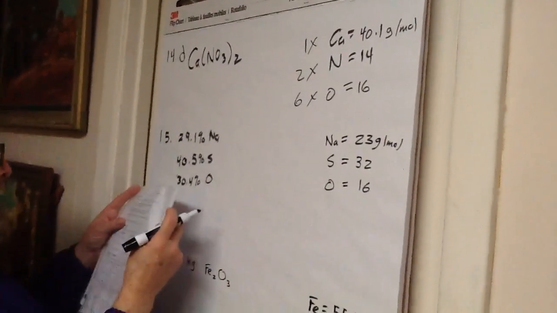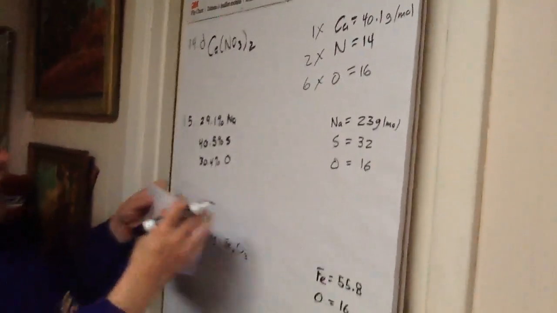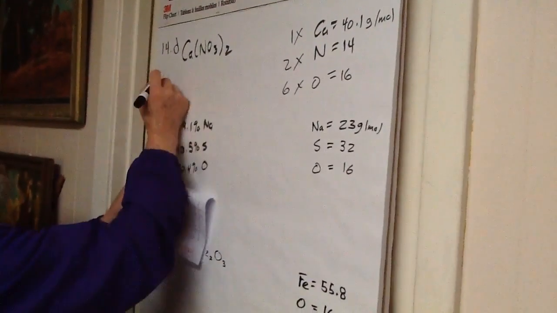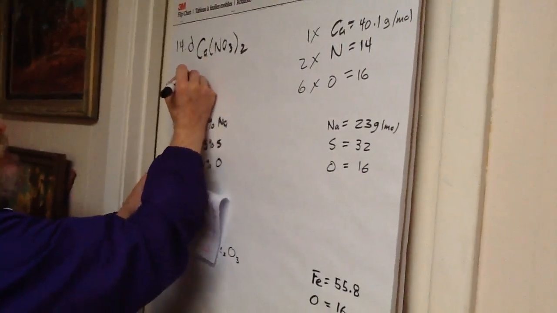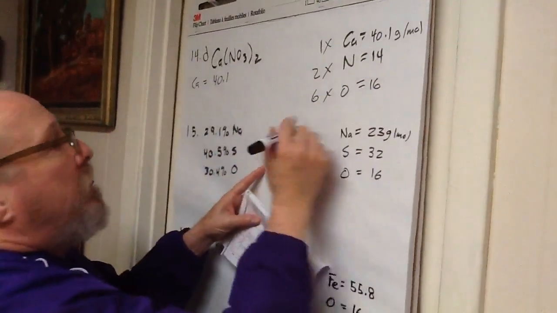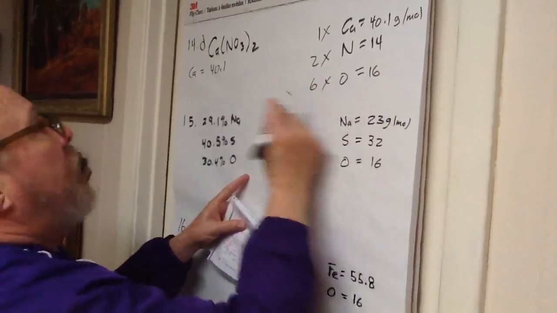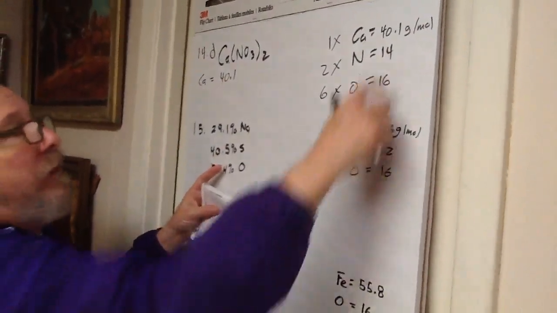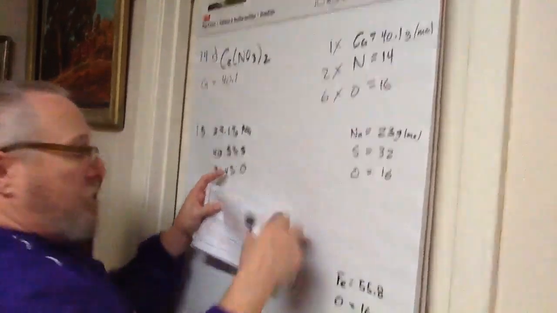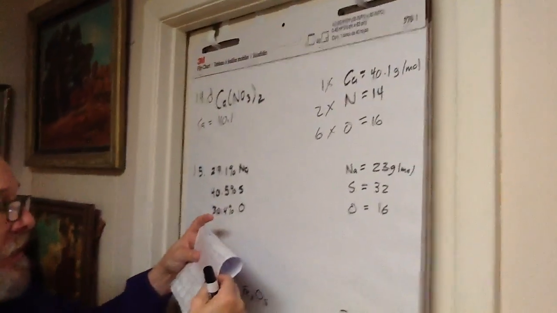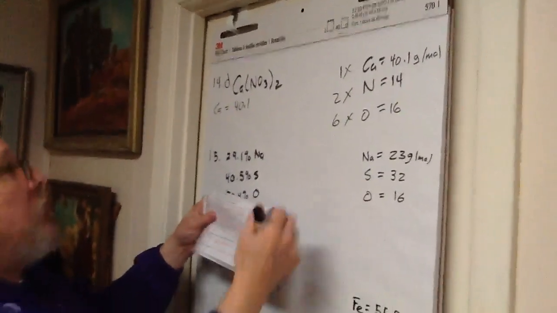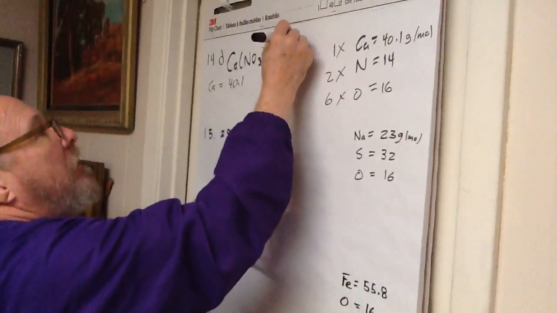So, my percent composition for these 3 elements in calcium nitrate: for calcium, there's only 1 of them, so it's 40.1. And if I look at the total mass of this compound, calcium nitrate, if I add up 1 calcium at 40.1, 2 nitrogens at 14, and 6 oxygens at 16, I get a formula mass of 164 grams per mole.